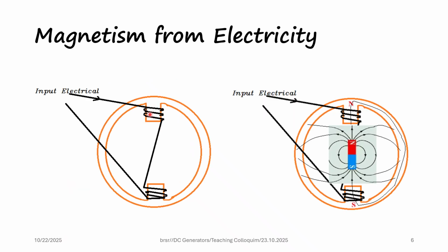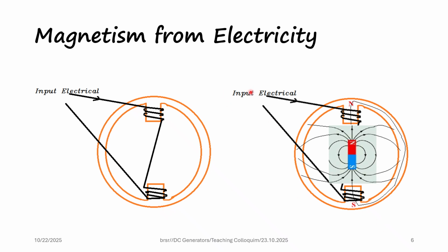If the conducting material is wound in this fashion, instead of being a straight bar, and a current is passed through it, magnetism is produced as shown in this picture.